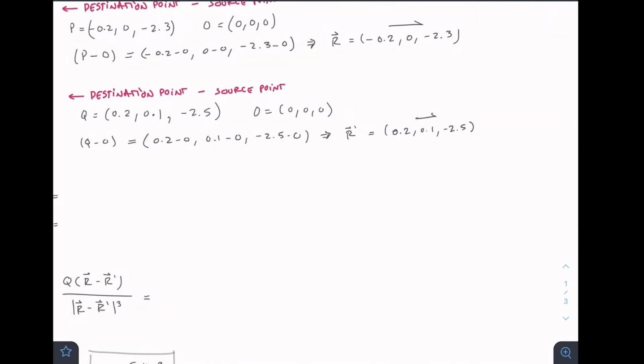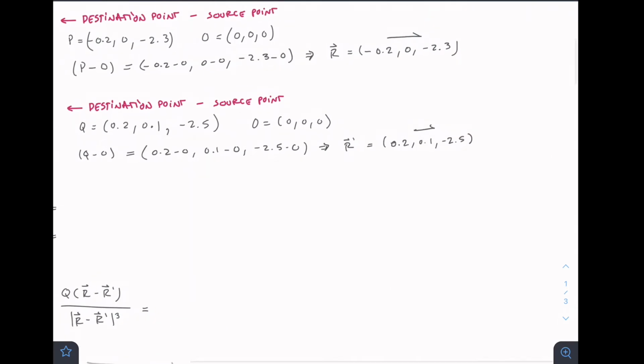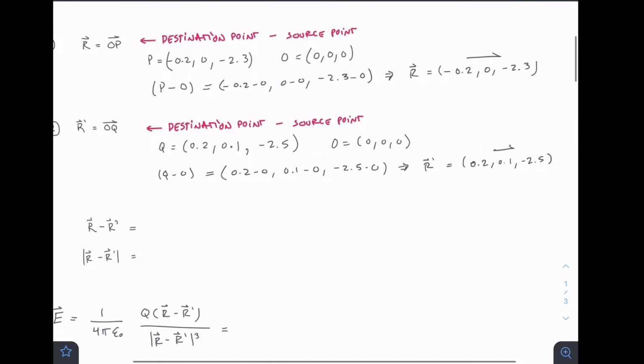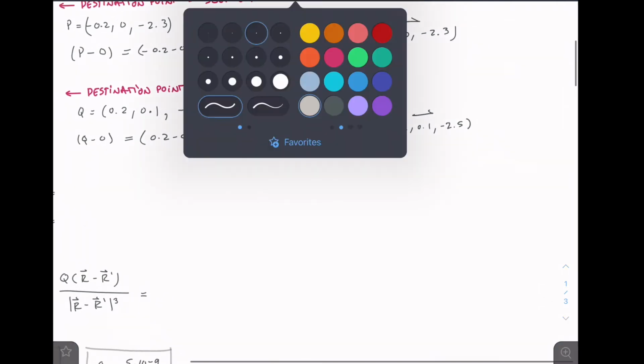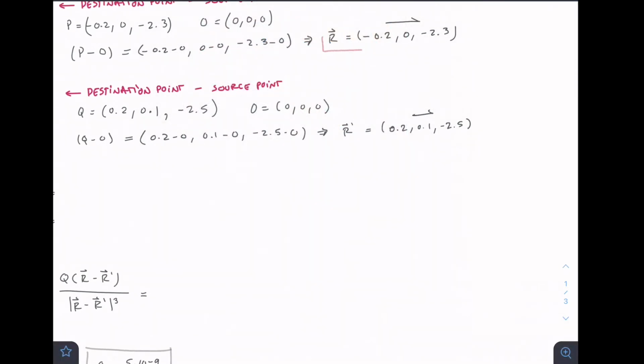This one is our r prime. This prime means it's pointing to the charged element, or related to the charged element. So we have our r and we have our r prime.